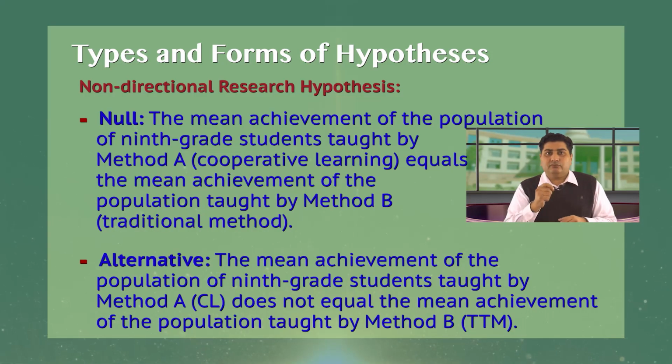Whereas the non-directional alternative hypothesis in this case would be the mean achievement of the population taught by method A does not equal the mean achievement of the population taught by method B, that is traditional teaching method.